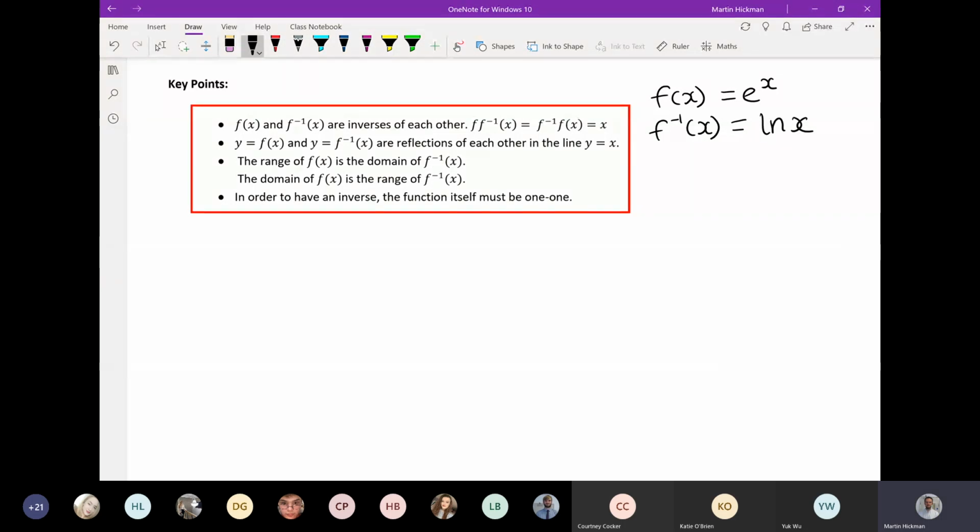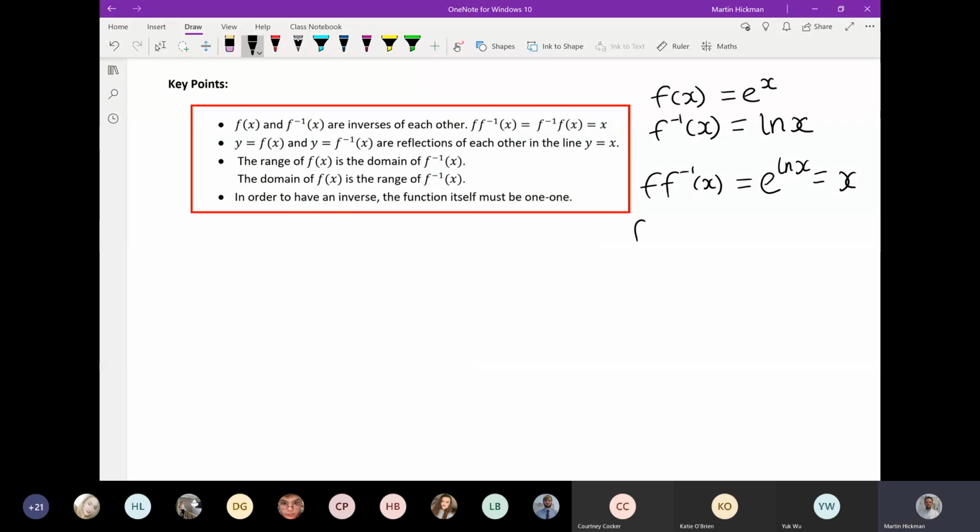You can work that out as well, but we're just going to take that as a fact. If I do f of f to the minus 1 x, remember what that means from yesterday, I put natural log of x into e to the x. So this would be e to the natural log of x, which we should know from before. This just gives us x.